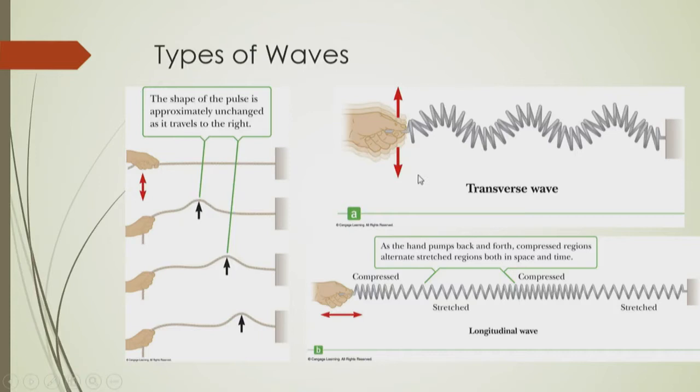So when we went from simple harmonic motion, we went into waves and looked at the waves associated with it. So longitudinal, compress, think of your slinky, because your slinky can demonstrate both types of waves, the longitudinal and the transverse.